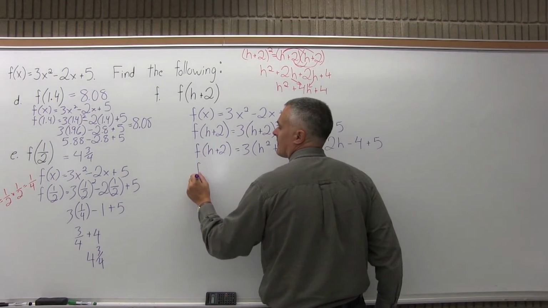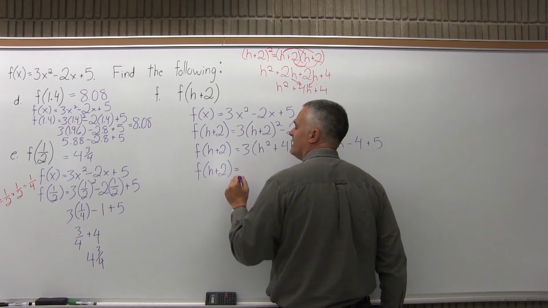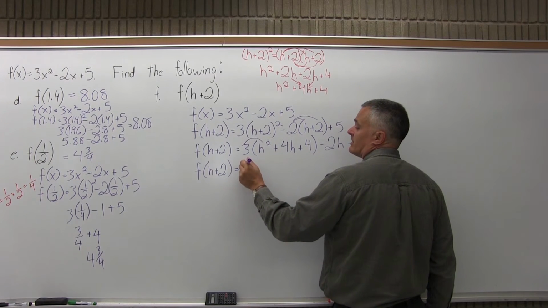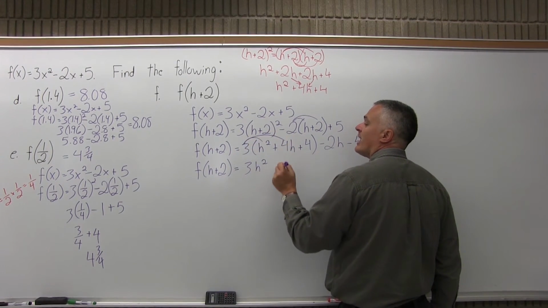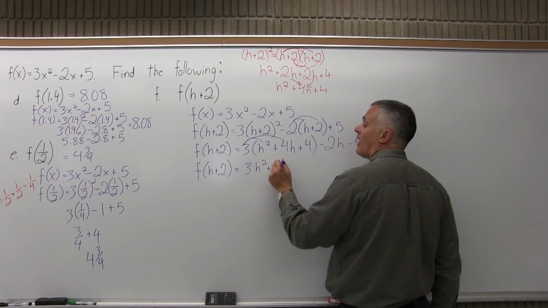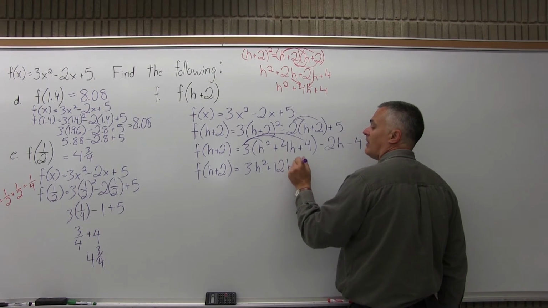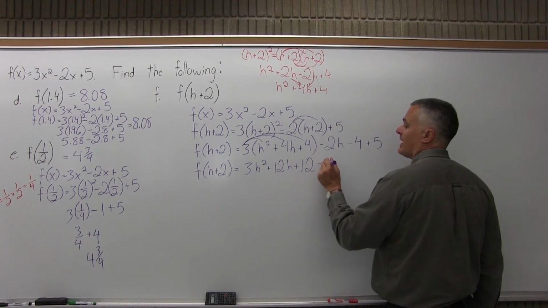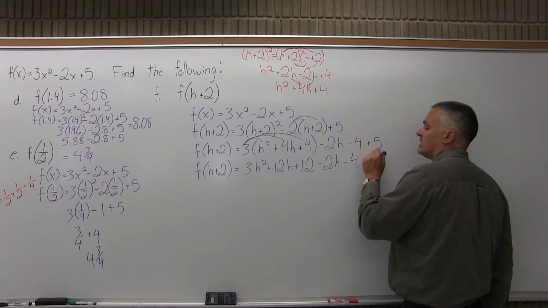So f of h plus 2 equals, so I have a 3 times h squared is 3h squared. And then I have a 3 times 4h will be 12h. Then 3 times 4 is 12. Then from the rest of the function, I have minus 2h minus 4 plus 5.